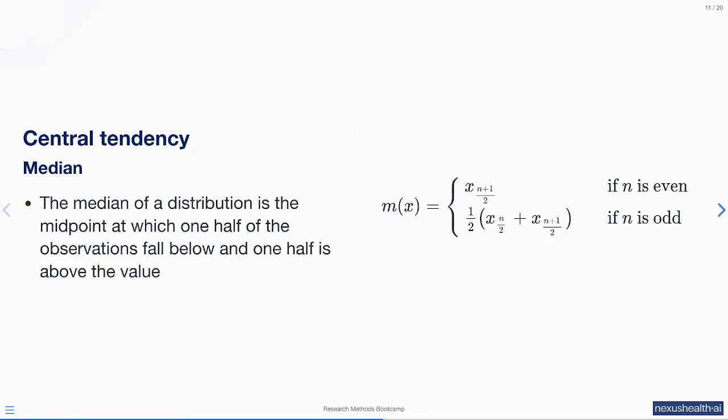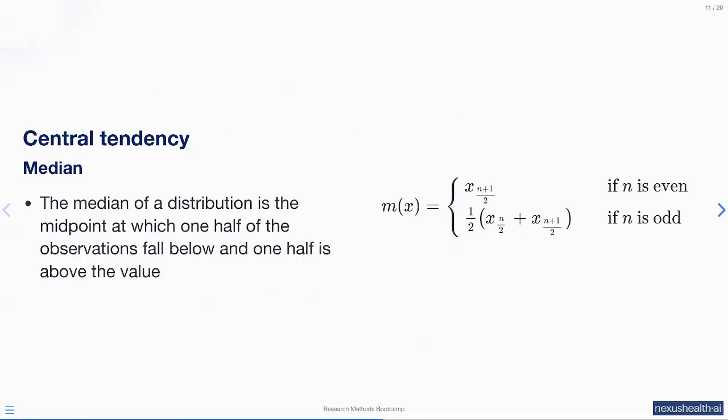The median is also widely used, and it is defined as the midpoint of the distribution at which 1/2 of the observations fall below and 1/2 is above.